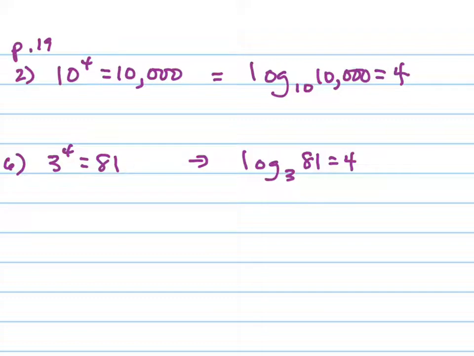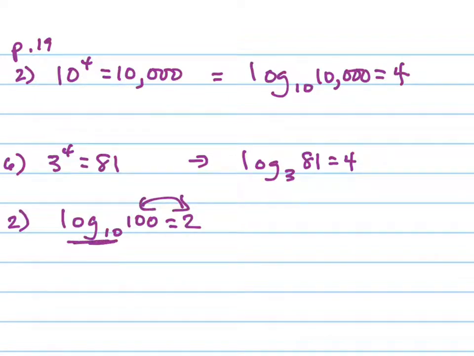Okay? Now, you will have to be able to change them back, but again, that's simply a matter of rearranging these two and getting rid of the log, just using the base. So instead of log, we're going to have 10, so the base is still the base, 2 is the exponent, 100 is the answer.